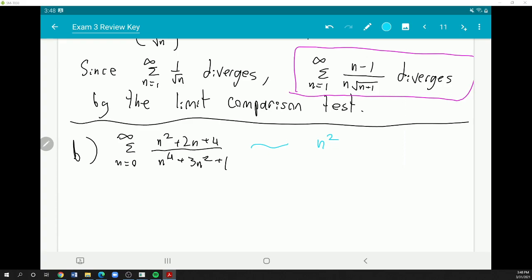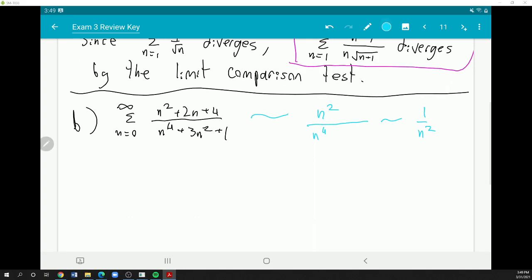That 2n plus 4 is going to be so small. Similarly on bottom it's going to look like n to the 4th, and everything else gets so small, which looks like 1 over n squared. That doesn't prove the series converges, but now I'm thinking the series probably converges, so this is what I'm going to compare it to.